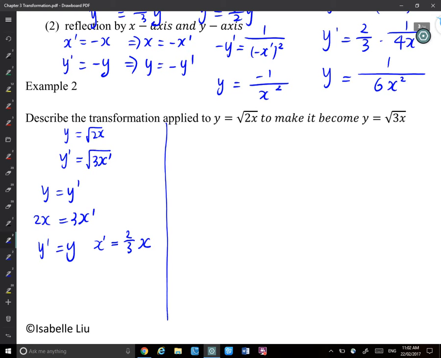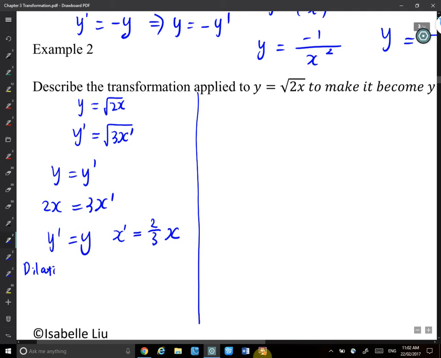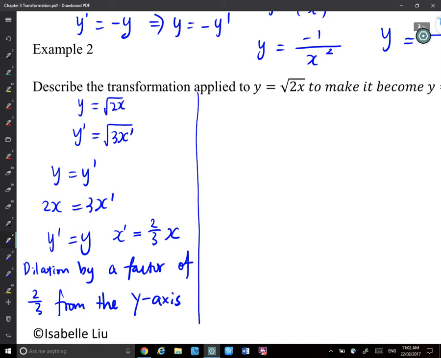Because I want to describe what has been applied, I need the form where the new x equals how much of the old x. That equals 2 on 3 of the original x. So I can say this is a dilation by a factor of 2 on 3 from the y-axis, because it's changing the x value.